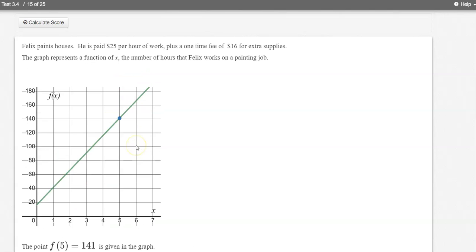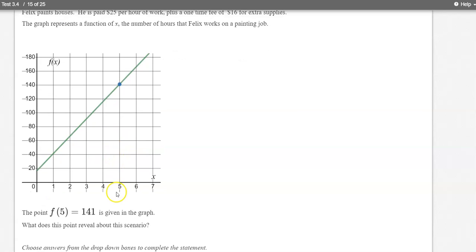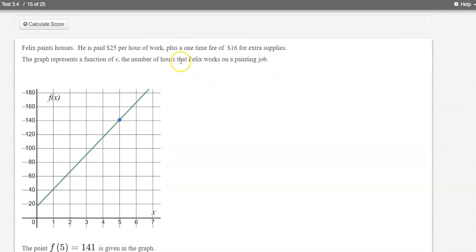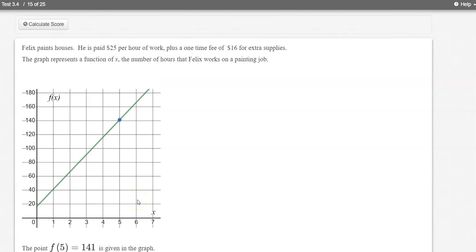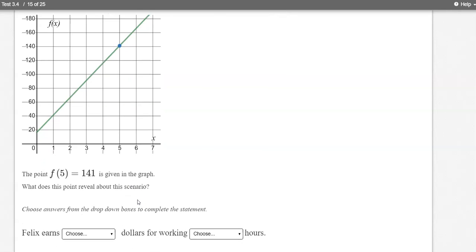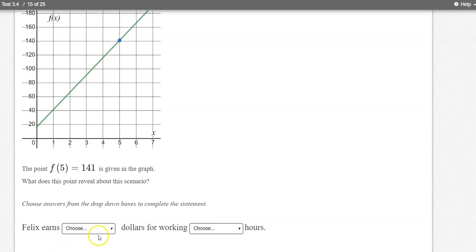What does it reveal about the scenario? Well, the 5 would be your function of hours. So you know the 5 is hours. And so this 140, actually it's 141, must be the pay for Felix. So let's go down here and see if we can fill in our boxes. Felix earns $141 for working 5 hours.